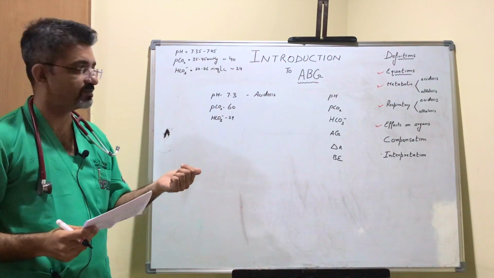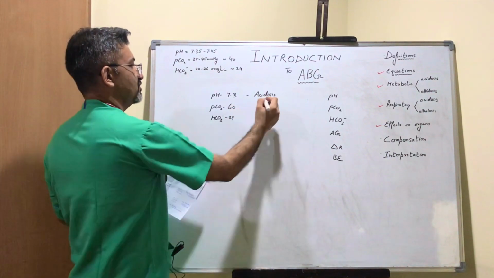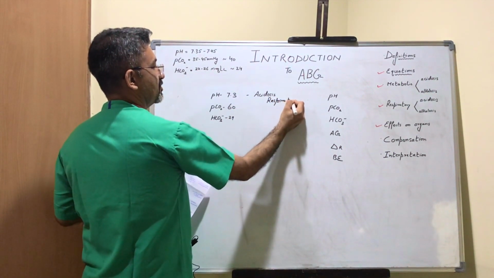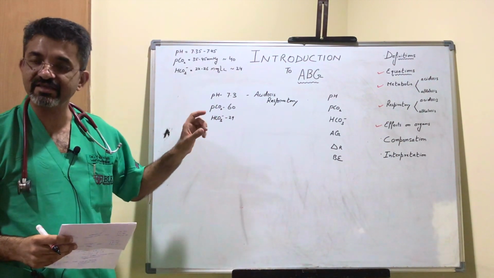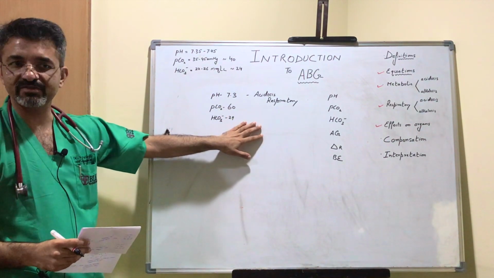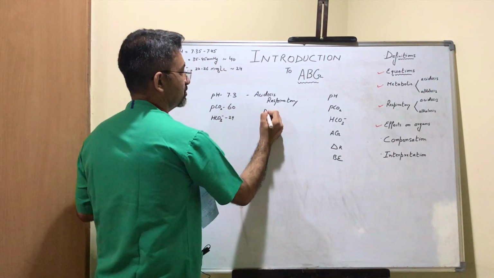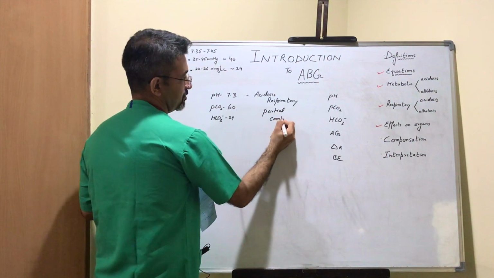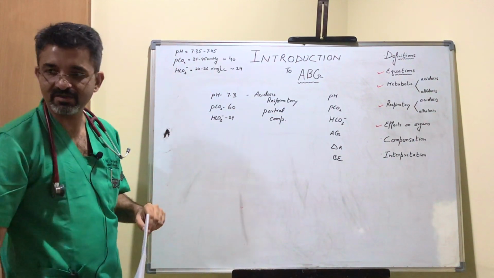Problem is respiratory, so it is respiratory. HCO3 is slightly high, so I think there is a compensatory mechanism going on, but it is not a full compensation because my pH is not normal. So partial compensation. Partial compensation. So this is respiratory acidosis with partial compensation.